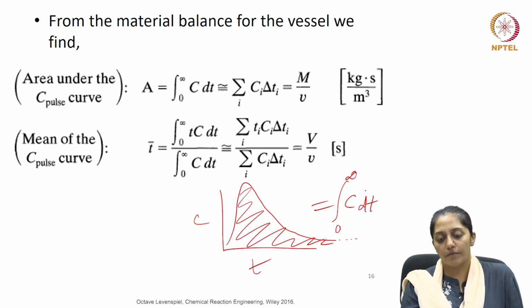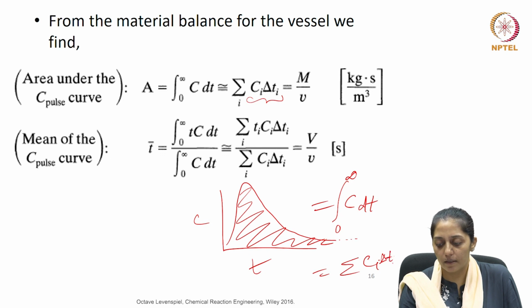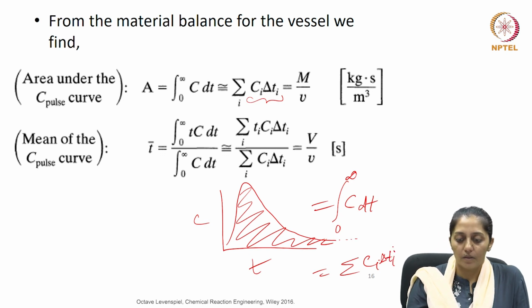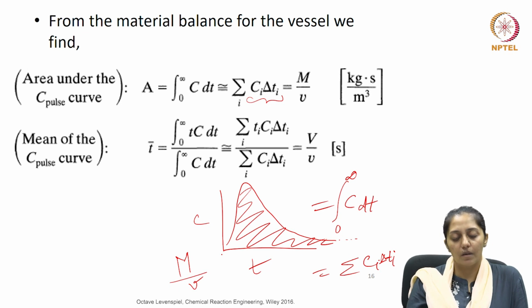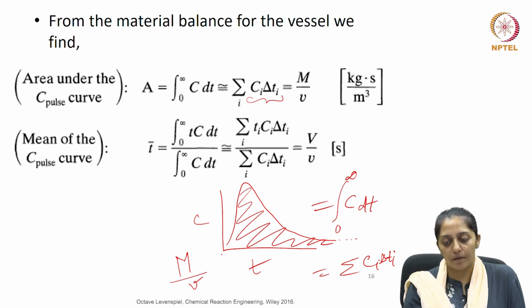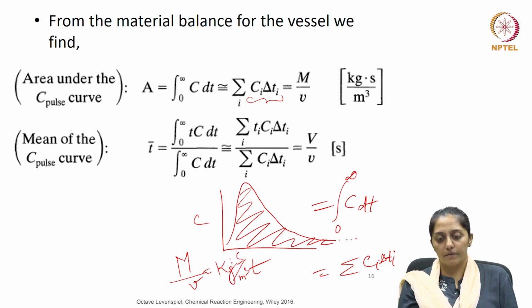In terms of small time intervals delta t, equally distributed, we can reduce this to the summation of Ci delta ti, which is nothing but the total amount of tracer added divided by the volumetric flow rate, in meter cube per second. So this is the area under the curve.